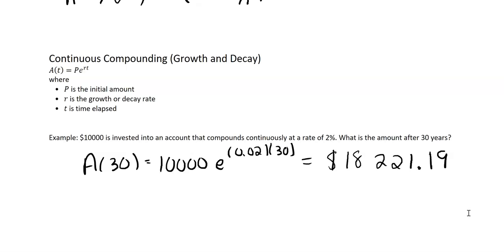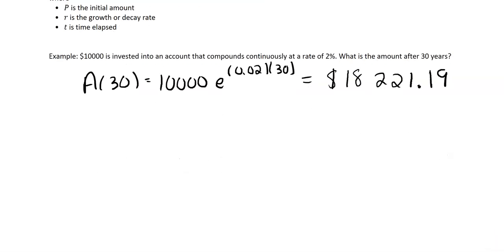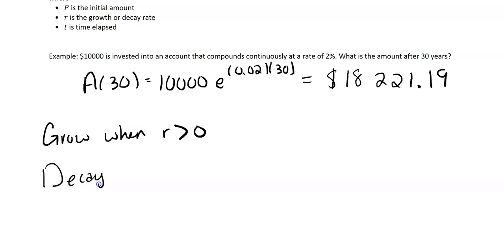We also have to worry about growth and decay, and that's really simple. You're going to grow when the rate is positive. You're going to decay when the rate is negative.